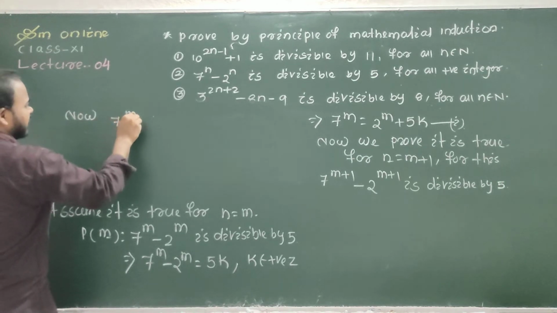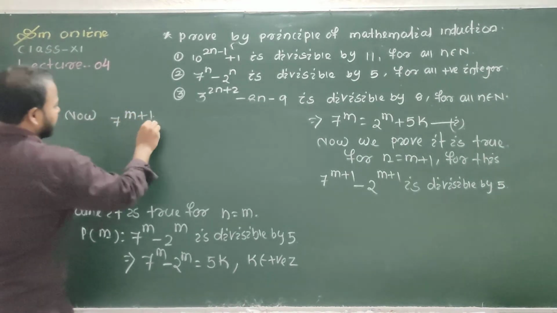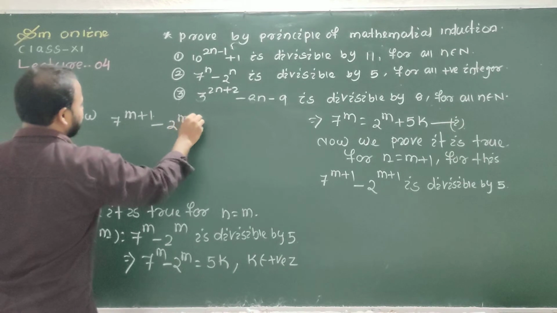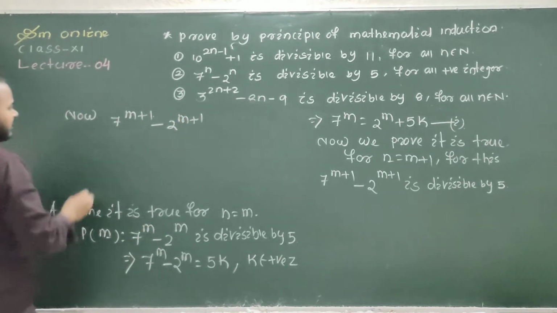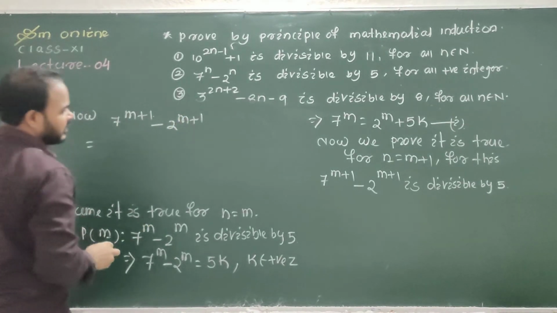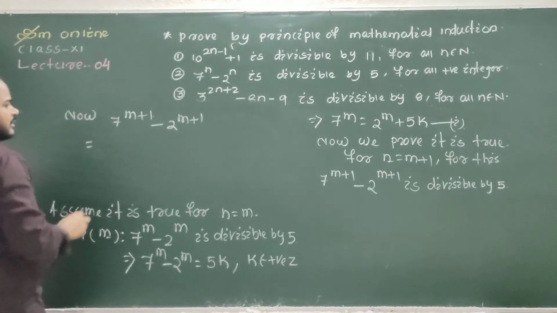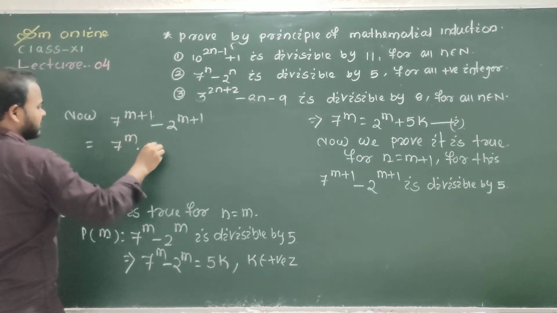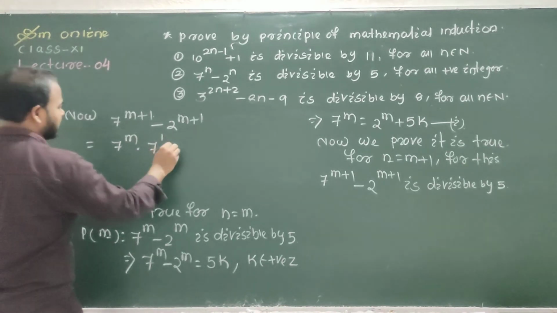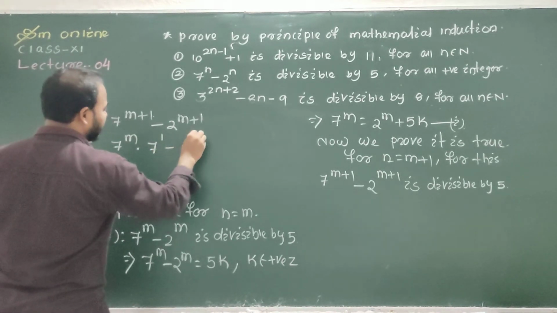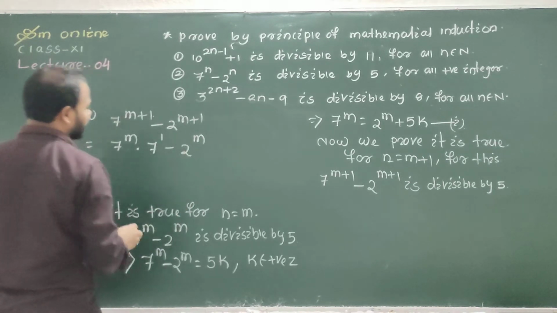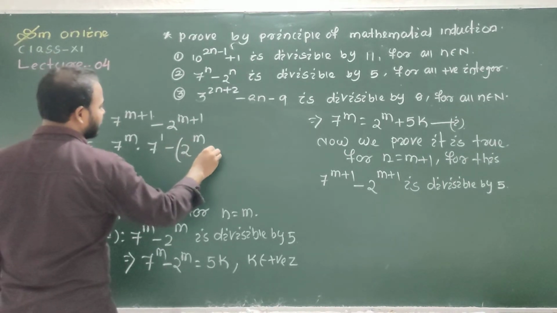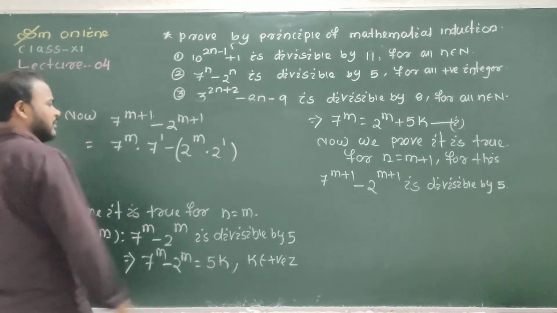7 to the power m plus 1 minus 2 to the power m plus 1 equal to 7 to the power m into 7 to the power 1 minus 2 to the power m into 2 to the power 1.